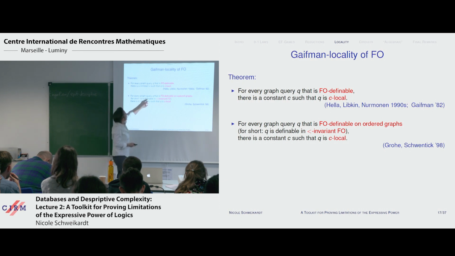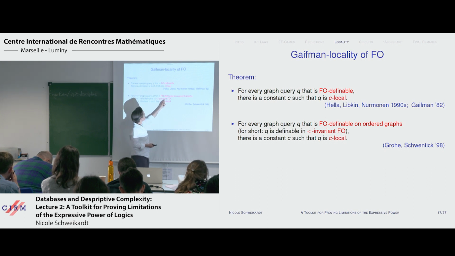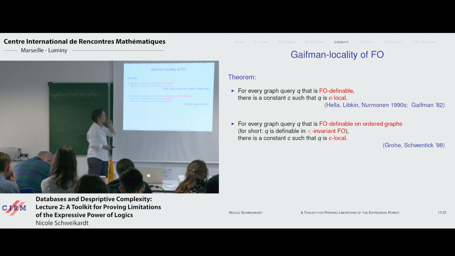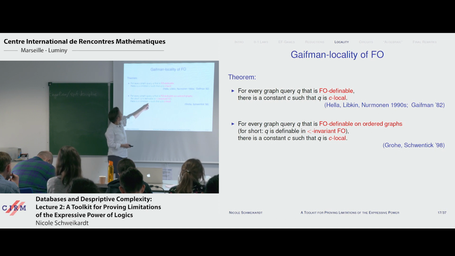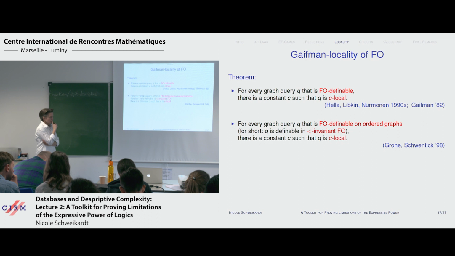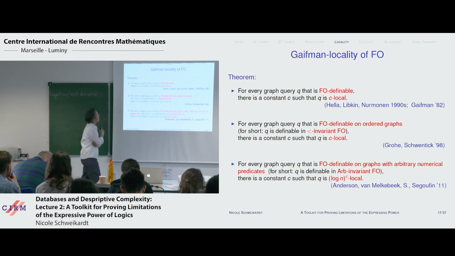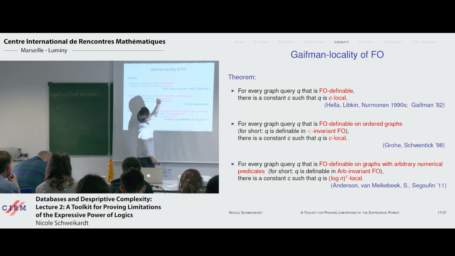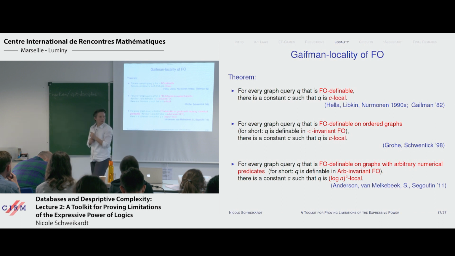So if you extend first order logic by allowing a linear order, but in a way that you have to be invariant for this order, then still you have the same locality result. There is a constant C such that the query is C-local. Then the next question is, well, here you can use a linear order in an invariant way.